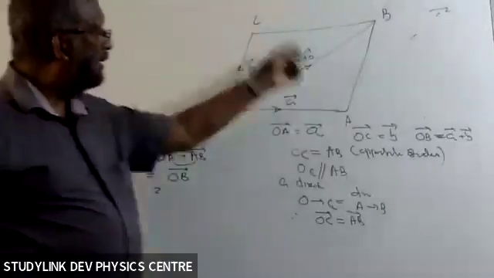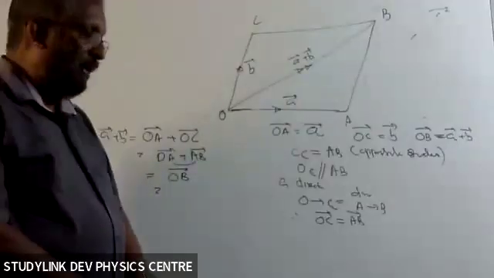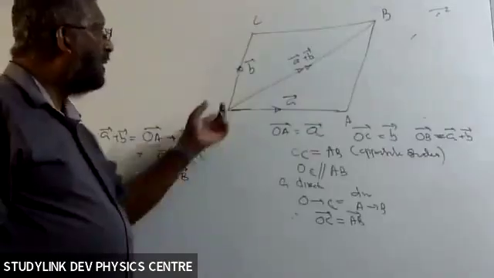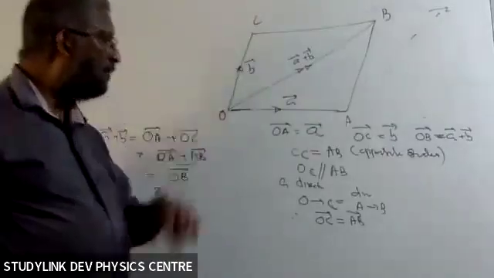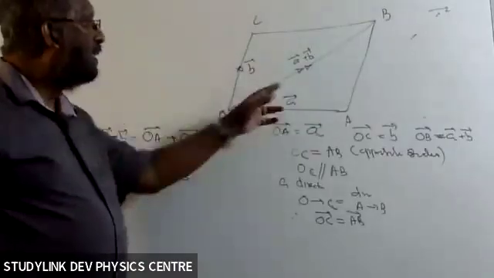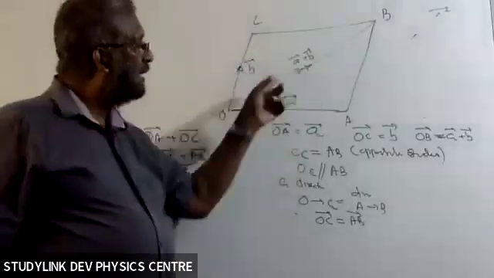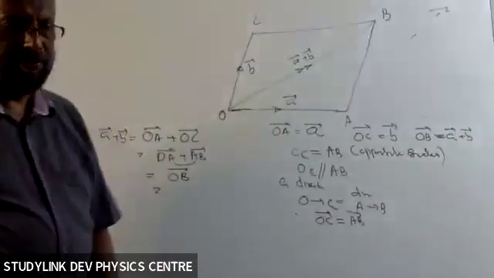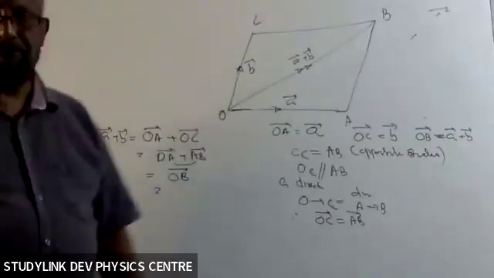There are two diagonals, that's why I say this. It is given by the diagonal which goes through the origin, and then state the magnitude and direction. Magnitude is the length, direction is the same direction as it is drawn. Then write up to this.